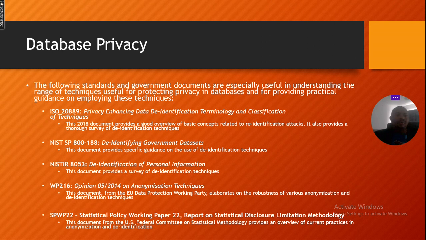First of all, we have ISO 20889, a document published in 2018 and titled Privacy Enhancing Data De-Identification Terminology and Classification of Techniques. This document provides a good overview of basic concepts related to any de-identification attack, or anything related to re-identification.